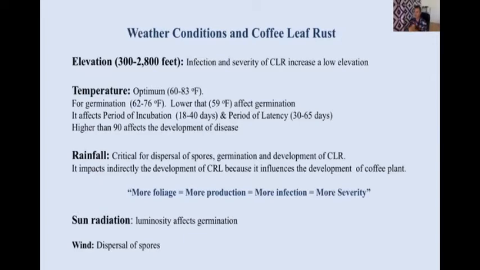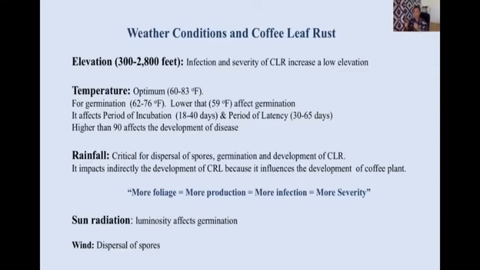We know the optimum temperature ranges between 60 and 83 Fahrenheit, but there are also specific temperatures for germination and for the other stages of development of the disease. We know as well that high temperatures during summertime in some locations, like Brazil, could affect the sporulation, or even kill the spores of the fungus.